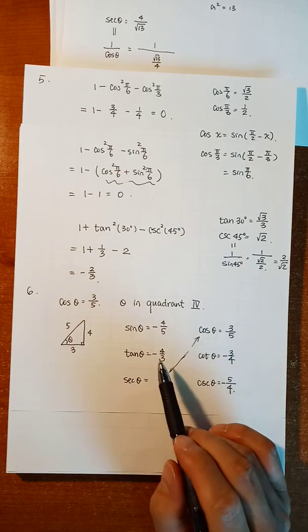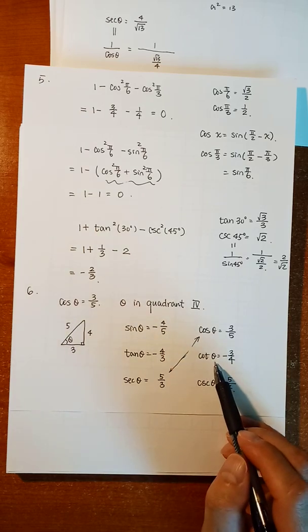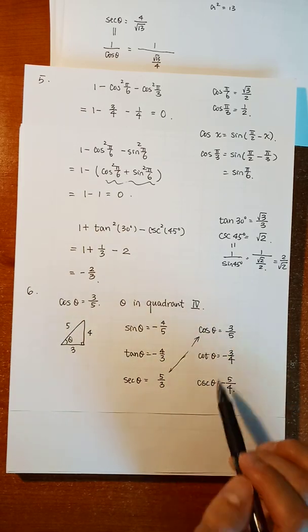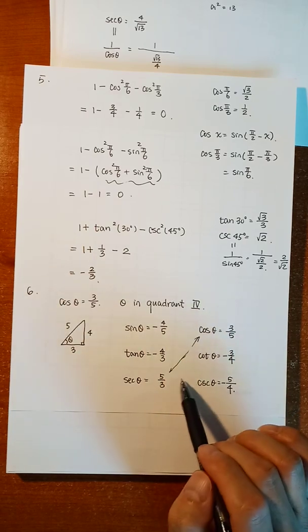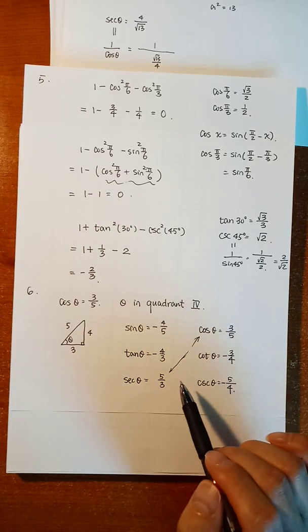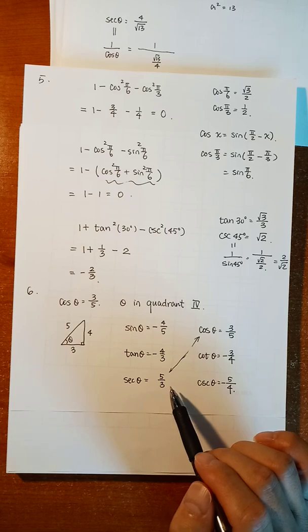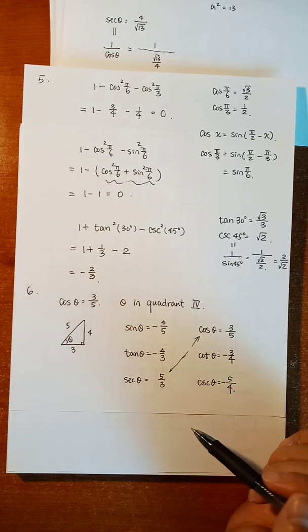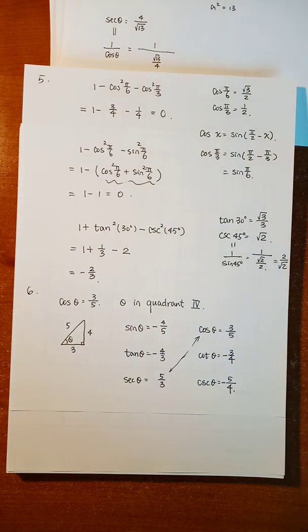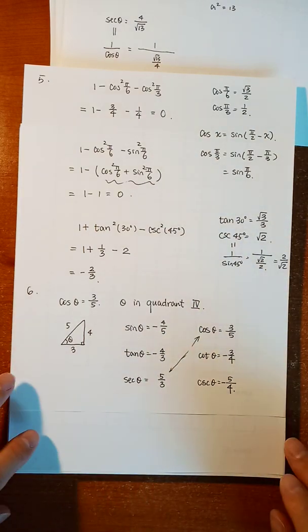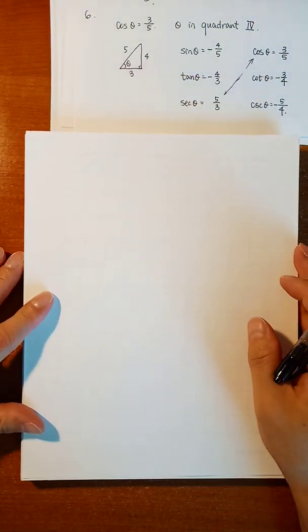Quadrant 3, tangent and cotangent are positive, other 4 are negative. Quadrant 4, cosine and secant are positive, the other 4 are negative. Except quadrant 1, there are always 4 negative values. Right? Okay.